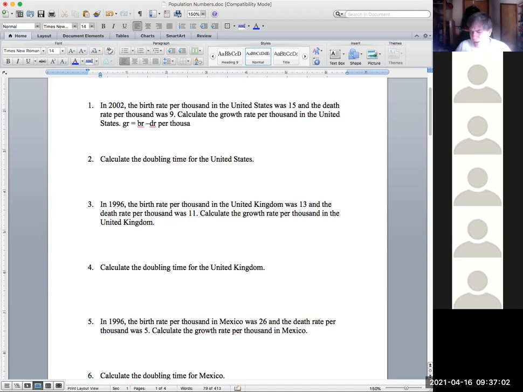And we're talking about per thousand. So in this case, our birth rate is 15. Our death rate is 9. And so this is 6 per thousand.